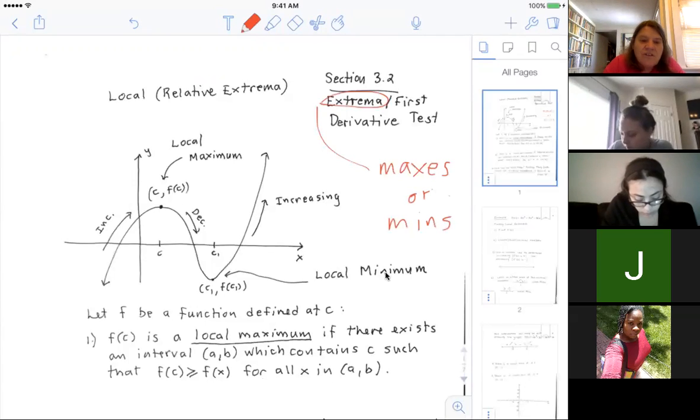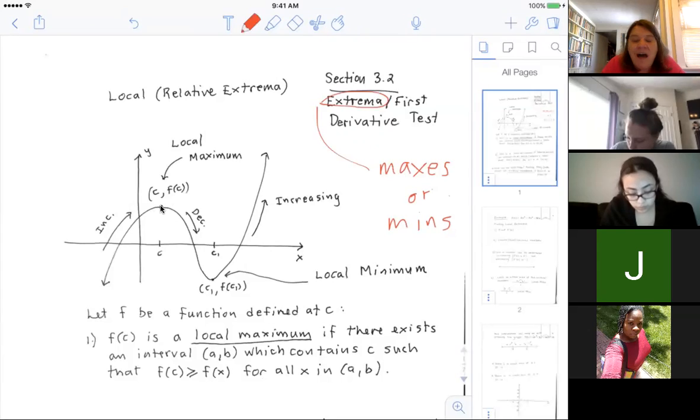So I want you to look at this graph right here. We've been drawing graphs like this, and these were places where there were critical numbers. Let me tell you what a local maximum is. A local maximum is literally a locally high point.